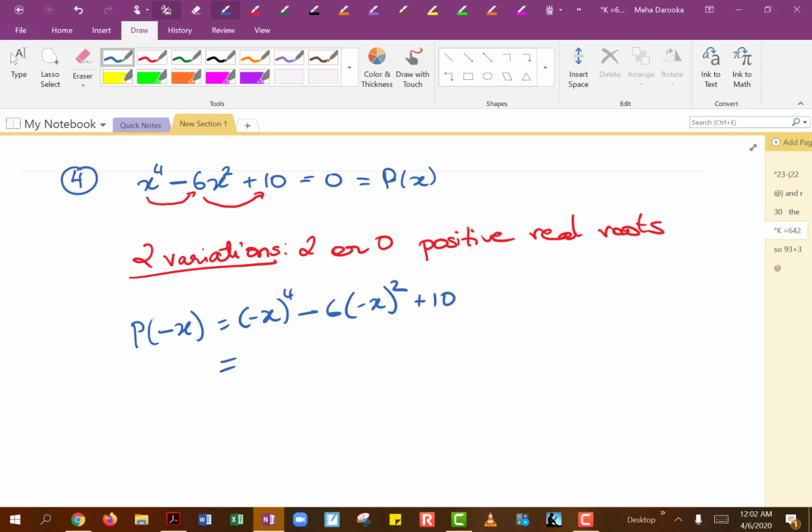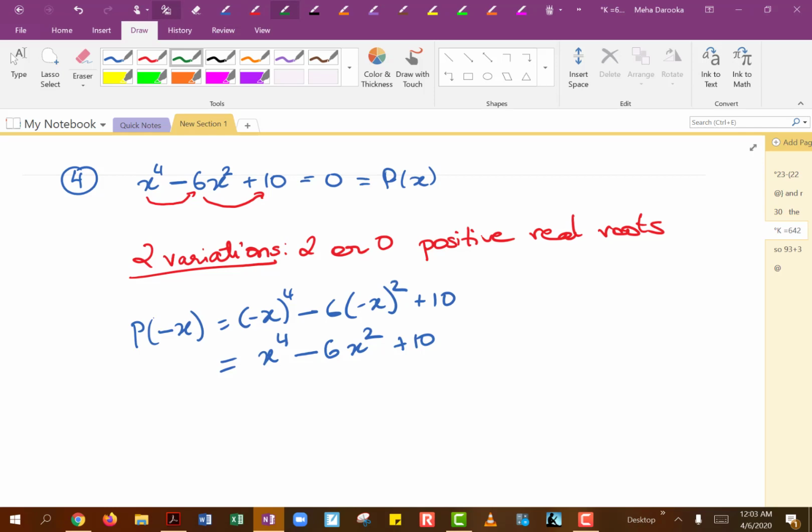So negative x to the 4th power will end up actually becoming just positive x to the 4th power. Your negative x squared will also become positive, which means your negative 6 stays the same, right? So negative 6 stays the same. Negative x squared becomes positive x squared. So this guy just ends up becoming positive x, and then bring down that plus 10.